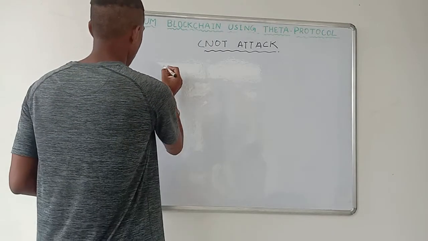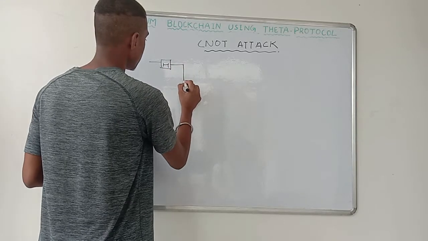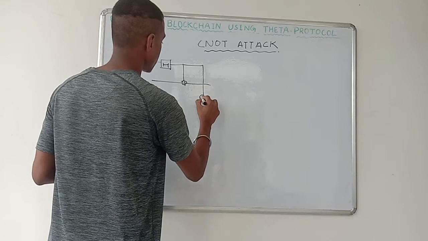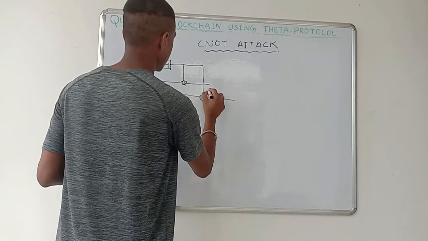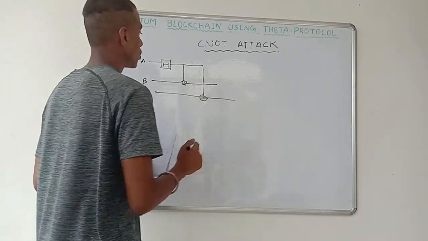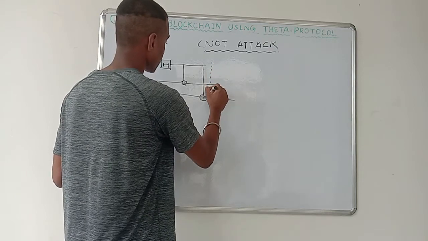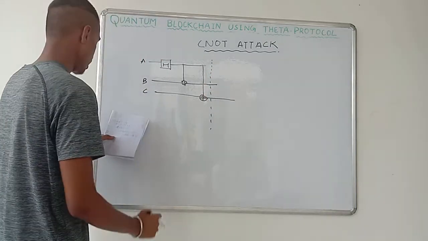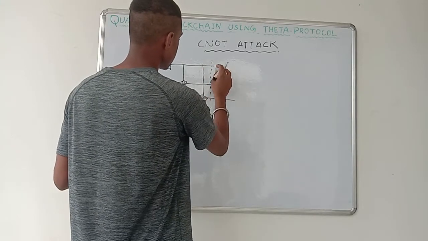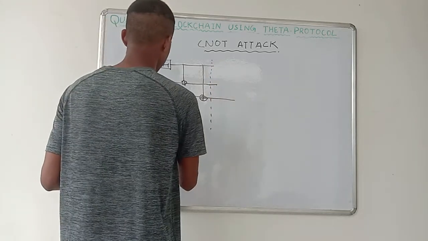Let's first consider that the ZZ state is being shared with A, B and C. This is where a CNOT attack can be performed by the attacker.